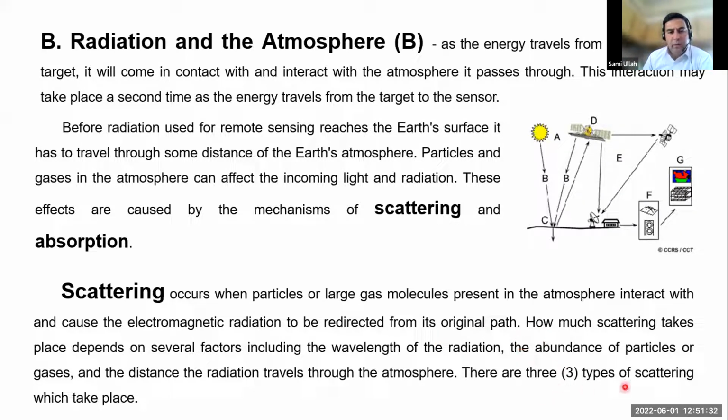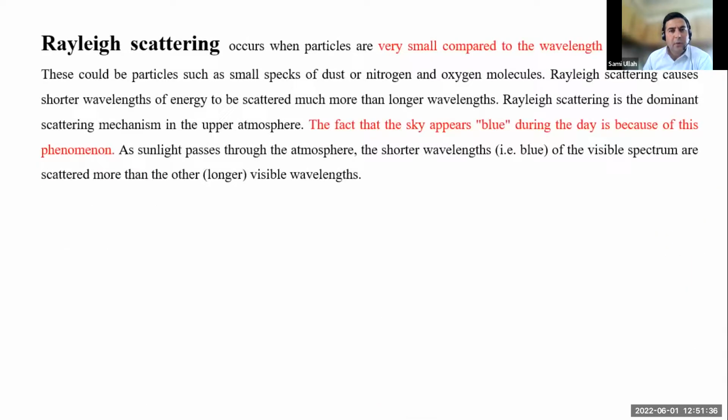So actually three kinds of scattering take place in the atmosphere. The first is Rayleigh scattering. Rayleigh scattering takes place in the upper portion of the atmosphere. It takes place when the particles are very small compared to the wavelength of the radiation.